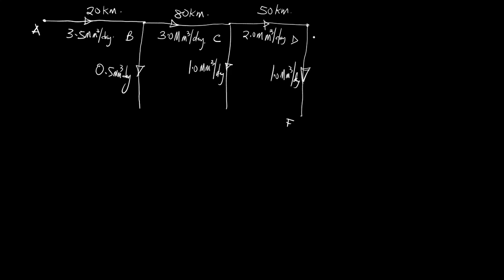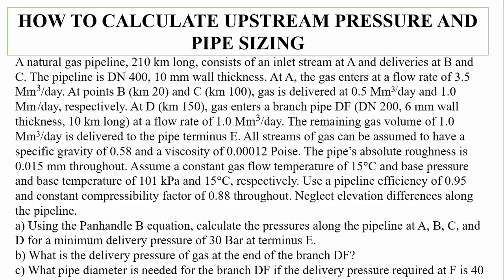And 1 is leaving. So what will be left now to go to E, which is the terminal point, will now be 1.0 million meter cube per day.